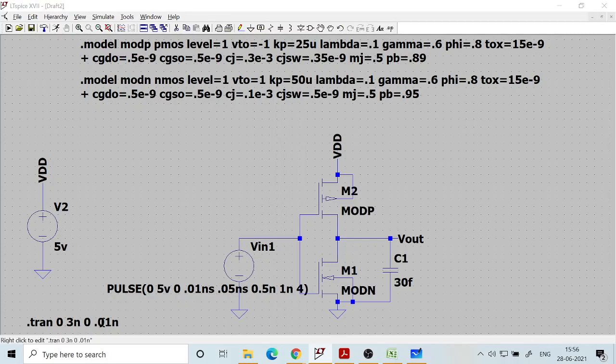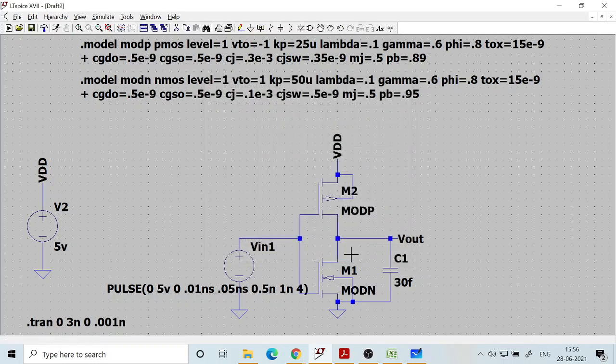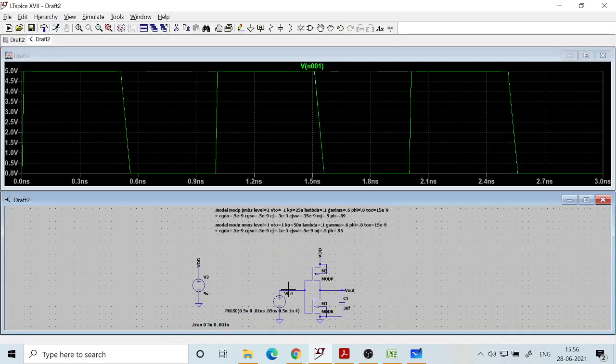Now this also I have to change to say 0.07. Okay, you can see that it's not symmetric now. The input waveform is suddenly going up but slowly coming down. So falling is a slower process.